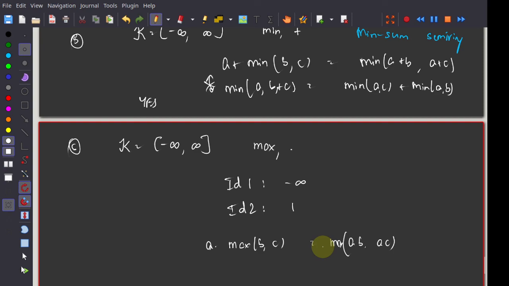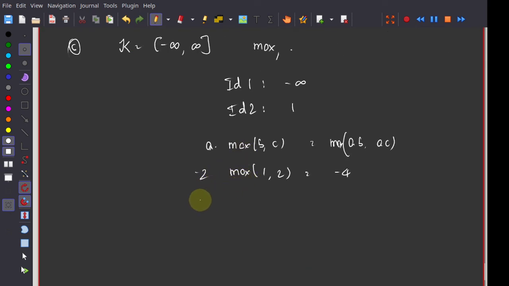Yeah, it doesn't. Why? Yeah, so if it's a negative number, so let's say minus 2 times max of 1 comma 2, this would be equal to minus 4, whereas max of minus 2 comma minus 4 would be different.